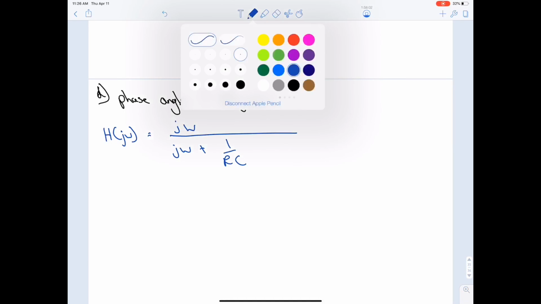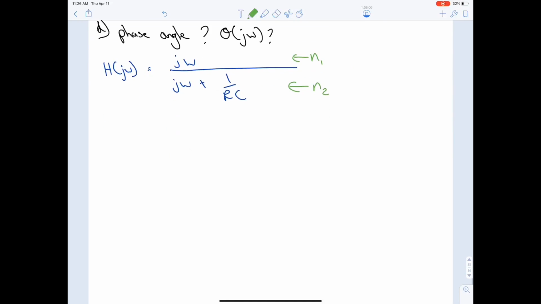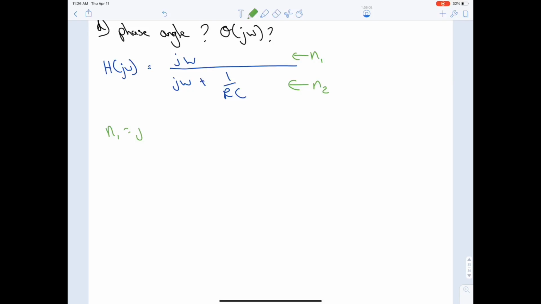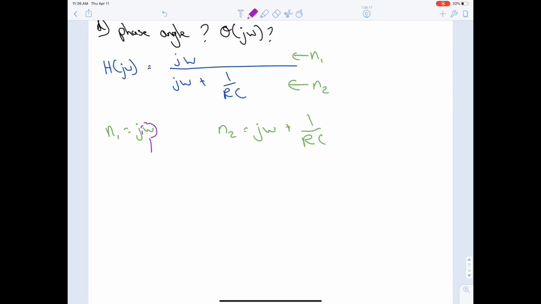We need to break this into two numbers, n1 and n2, as we did with the magnitude. n1 is equal to j omega, n2 is equal to j omega plus 1 over RC. Omega is the imaginary part, and this is the real part, which is 0.